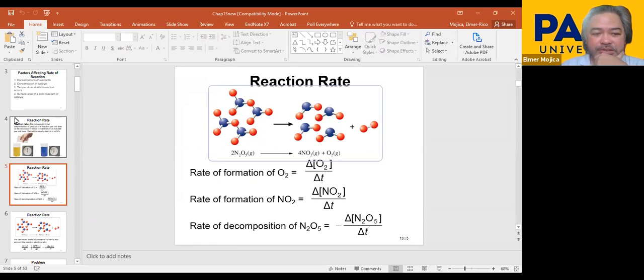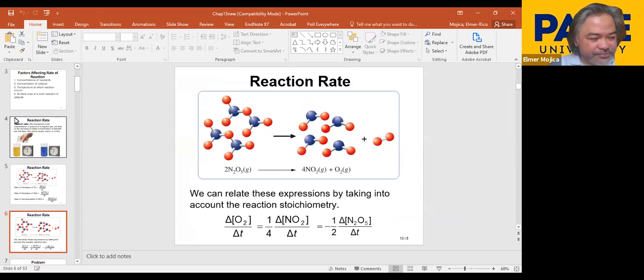If it is with respect to the change in the product, it's just as is. The main reason you use a negative is that the final concentration of your reactant is always less than the initial concentration, which will give you a negative value. And there's no such thing as a negative reaction rate. So that's why you have to multiply it by a negative.